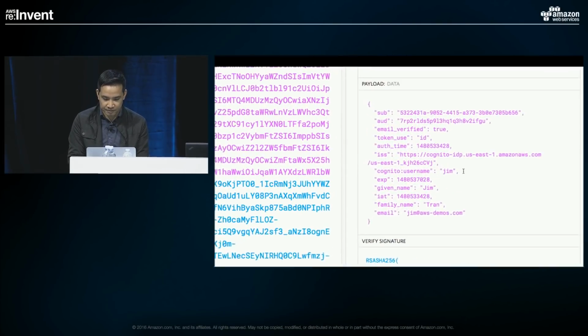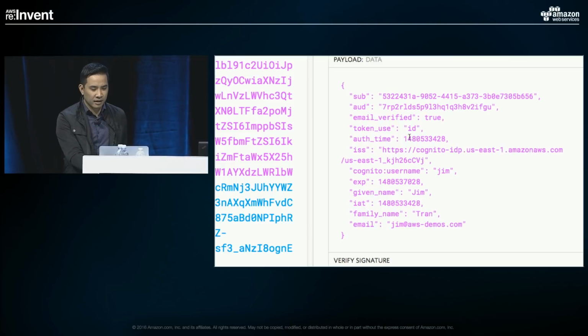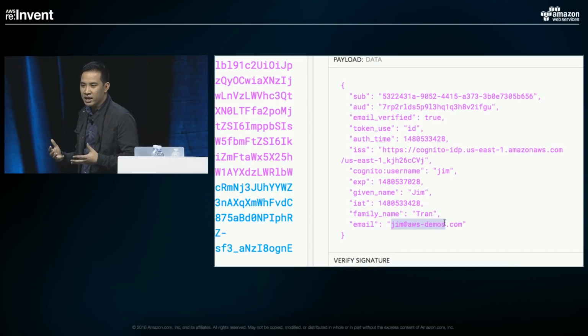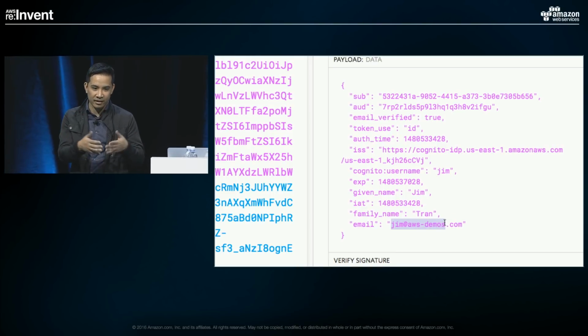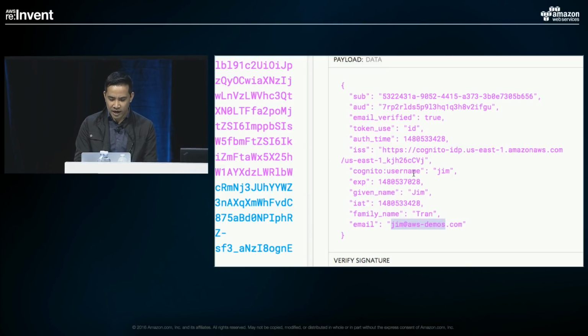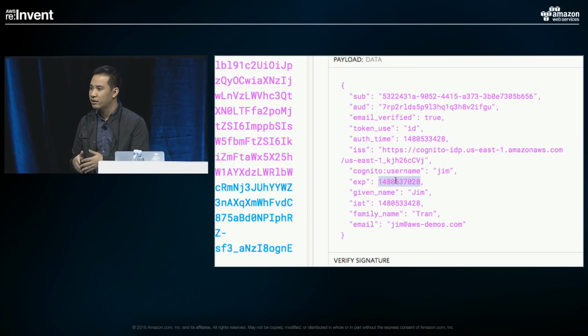So if I zoom in, you'll see that the payload includes my Cognito user pool ID, as well as my username, Jim, my first name, my last name, and my email address. So it has the profile information that I configured earlier that the mobile application can access. So that's what comes back as part of this JWT assertion. It also has an expiration. In this case, identity tokens expire after 1 hour.